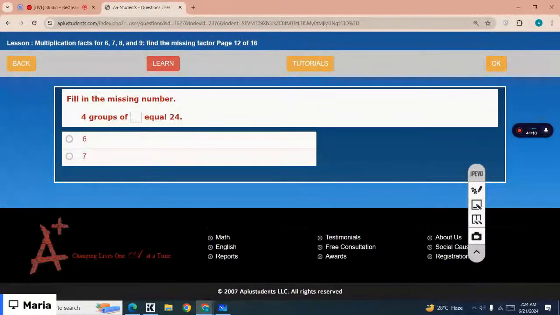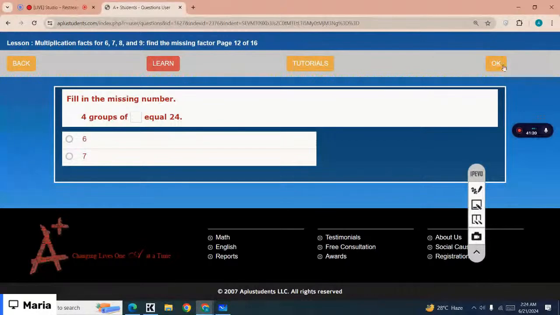So the correct option is 6. 4 times 6 is 24. 6 is the correct option.